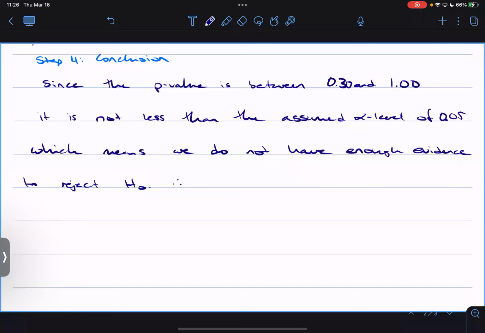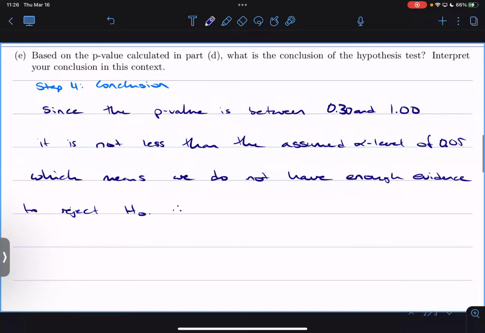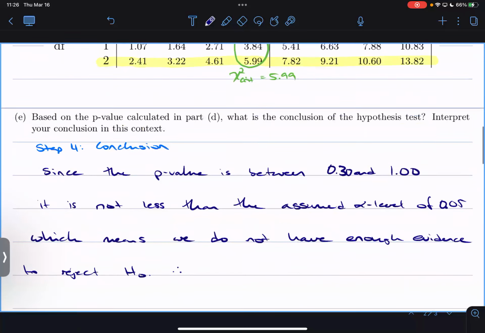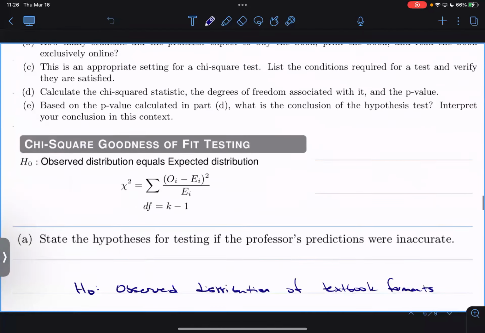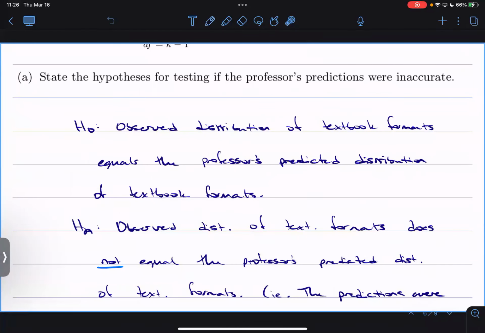Which means, therefore, the observed distribution of... let me see here, where's our null hypothesis? So I don't have enough evidence to reject this. So this is my conclusion. The observed distribution of textbook formats equals the professor's predicted distribution of textbook formats, or is not significantly different from the predicted distribution.